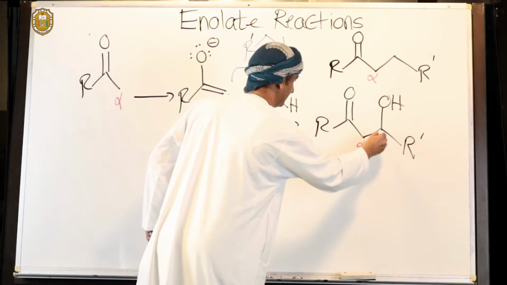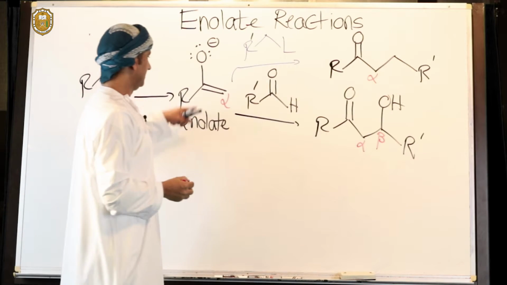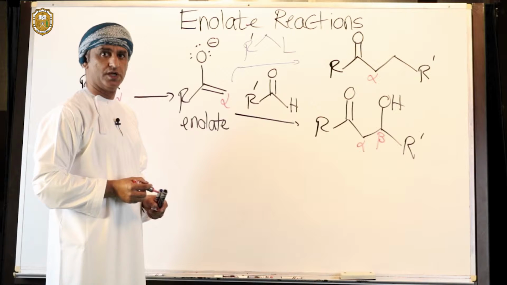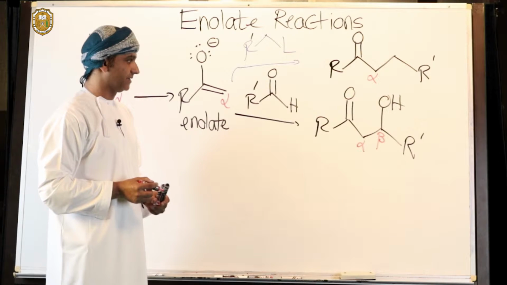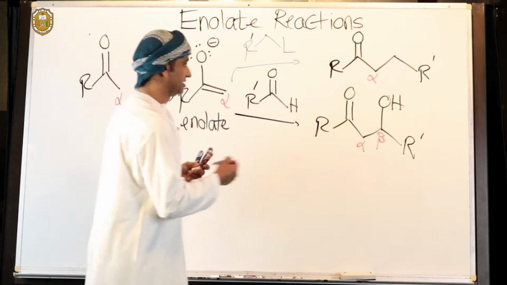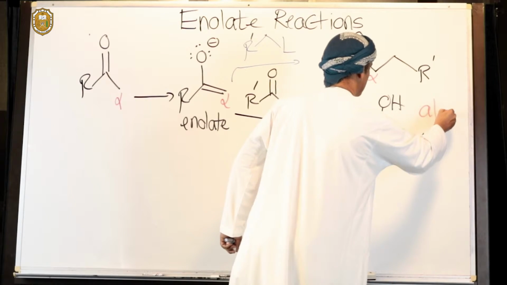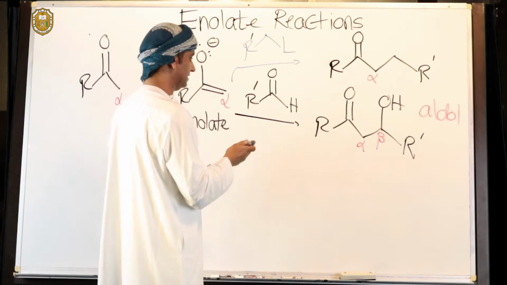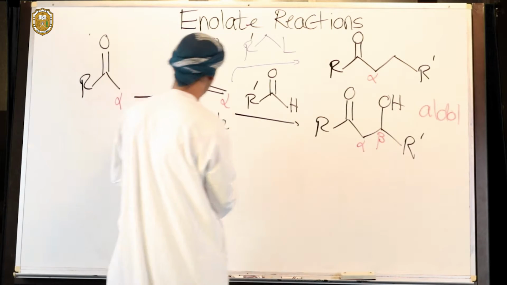That's alpha, that's beta. If the enolate attacks the aldehyde or a ketone, we get a beta hydroxy carbonyl compound. And of course, this reaction is the aldol reaction.